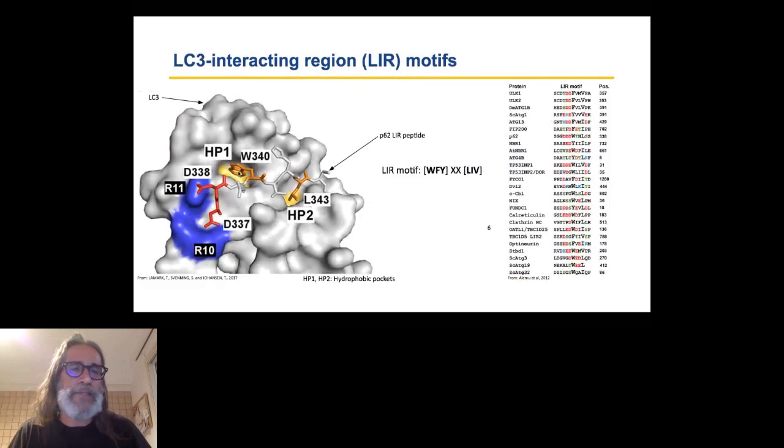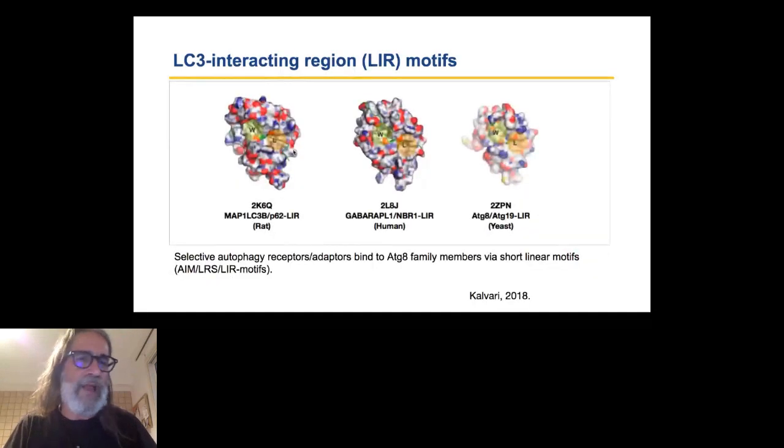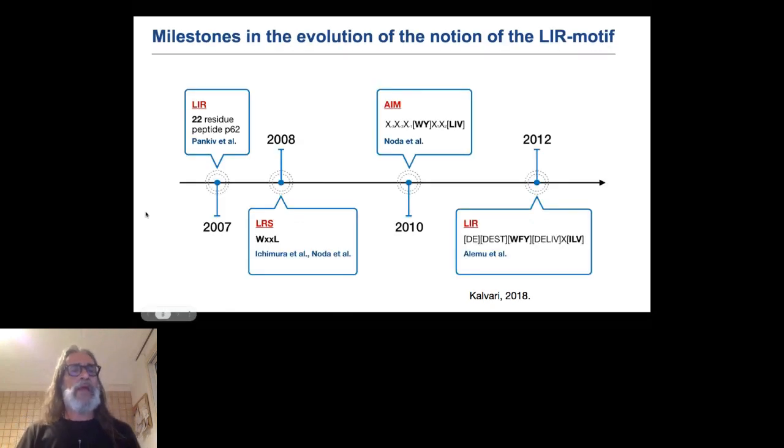What is important is that these short linear motifs bind to two very well-conserved hydrophobic pockets on the ATG8 surface, and several instances of these motifs have been described in the literature. This kind of interaction seems to be conserved from unicellular to multicellular eukaryotes. Over the last 15 years, the definition of these short linear motifs has evolved.